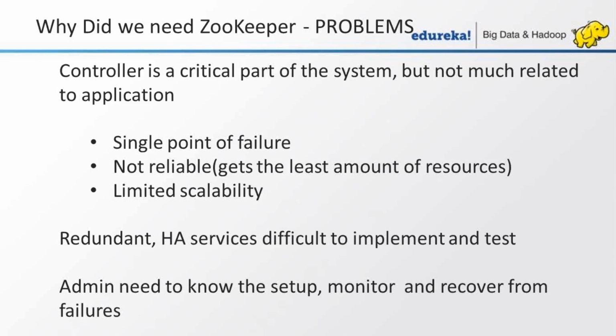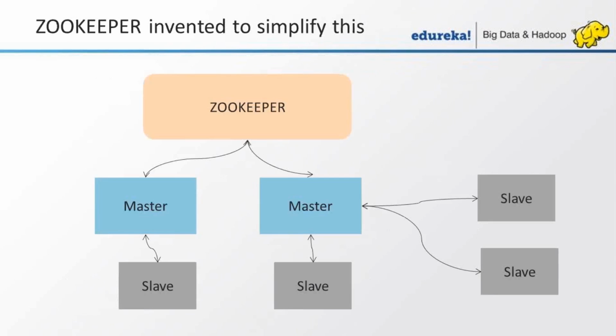If the leader goes down, then one of the other peers in that quorum takes the leader position and continues the normal functioning. So ZooKeeper gives you fault tolerance, and its high availability and redundancy is built in because of this quorum peer.